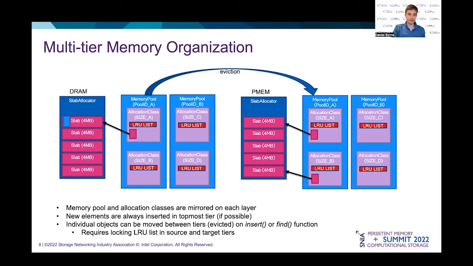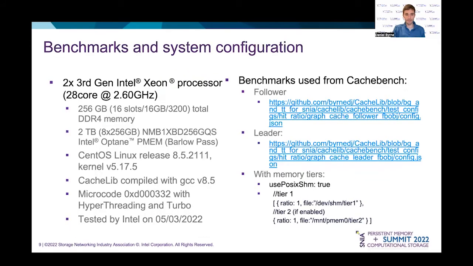So this eviction process, when an item is evicted from allocation class A, requires locking the LRU list in this source in A while we do the entire eviction process to our pmem. See here as it goes. And this is actually a source of some overhead. So we'll go into some more details later on that.